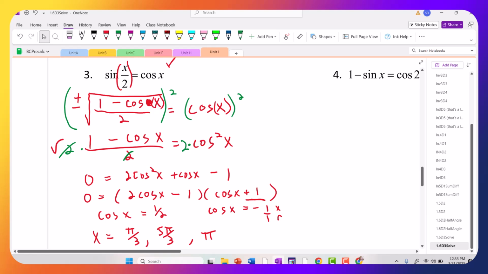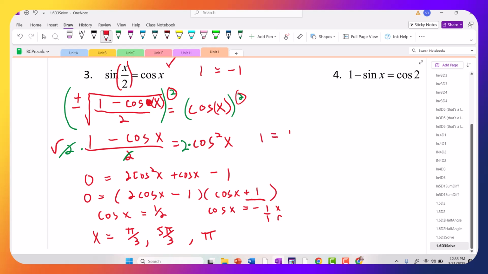I plug in pi. First of all, what's cosine of pi, which we just had to analyze? What's cosine of pi? Negative 1. But then I plug it in here. What's pi over 2? What's the sine of pi over 2? 1. So does 1 equal negative 1? Yes or no? So this gets me 1 equals negative 1. But what happens when you square both sides? What's 1 squared and what's negative 1 squared? 1.